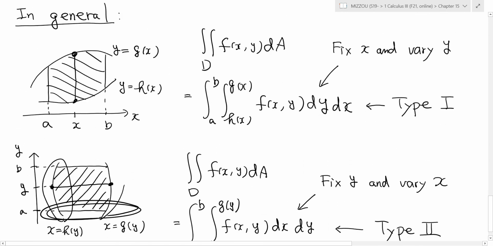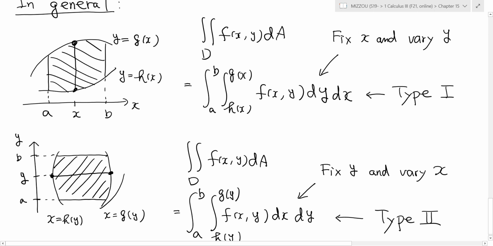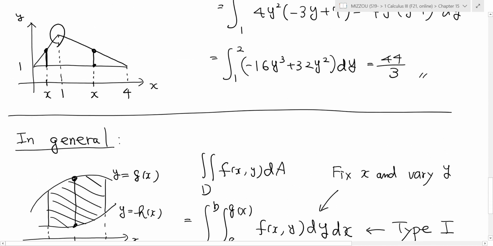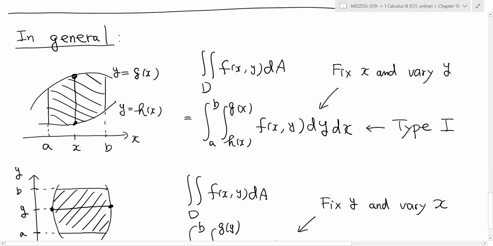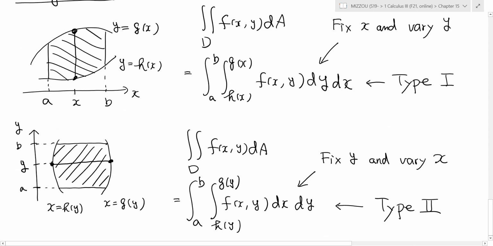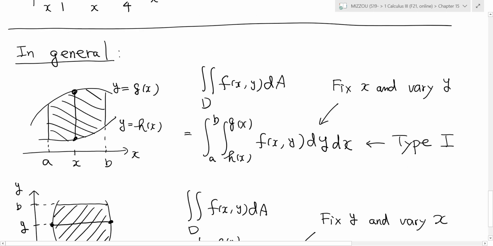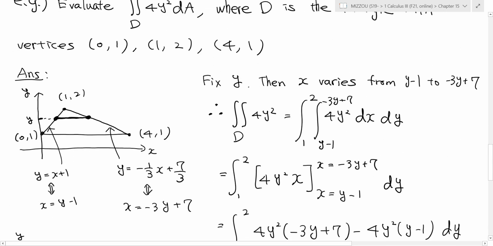For the previous example, it just happens that those two points are the same point. That's why, for this case, it is better to integrate with x first by fixing y, and that's what we did here.